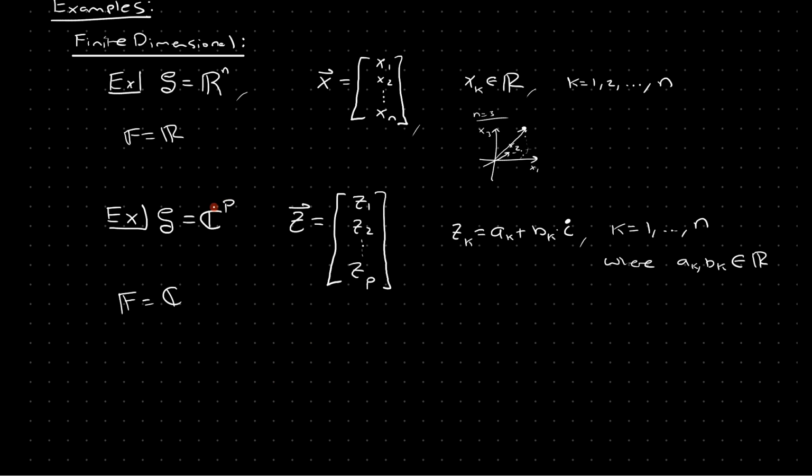Not only that, but C^p is isomorphic to a specific n-dimensional vector space, because for each one of these complex numbers, you need two real numbers to define it. This vector space C^p is actually isomorphic to R to the 2p, where n is 2p.